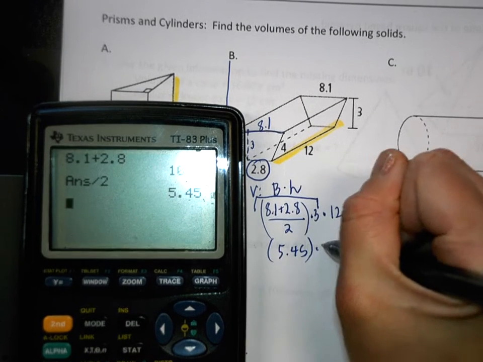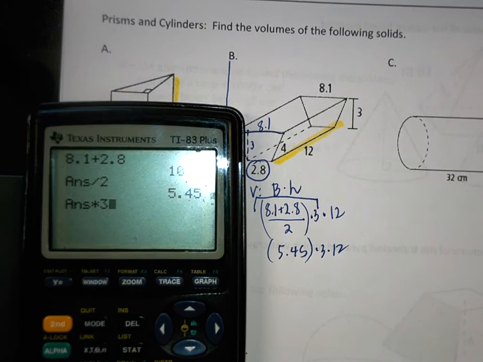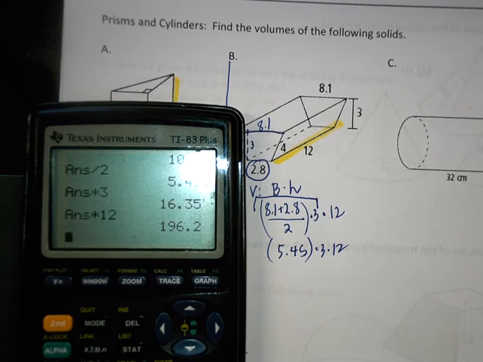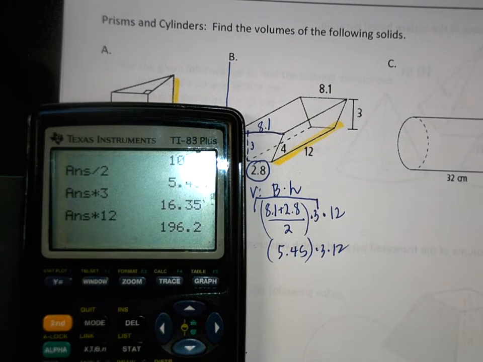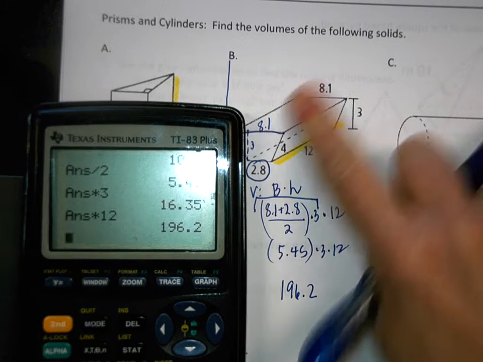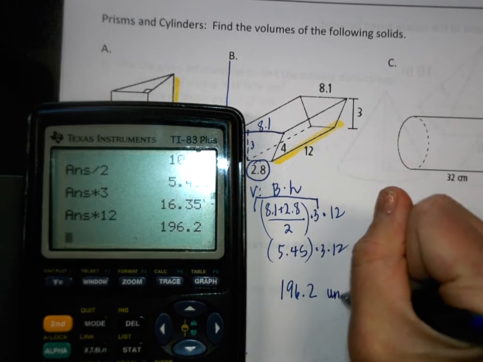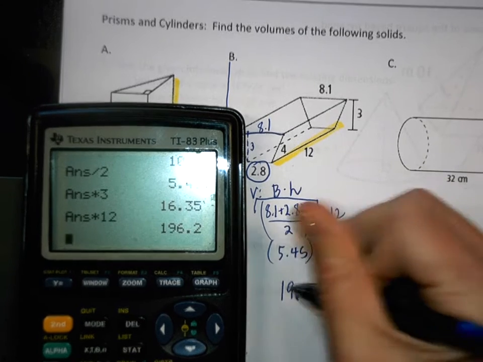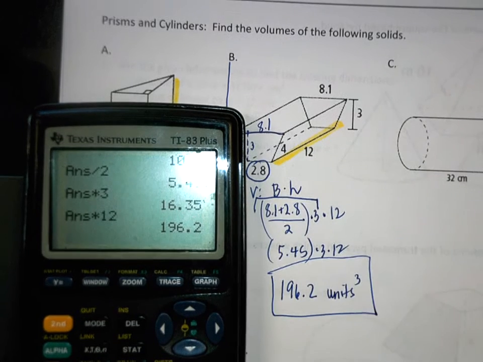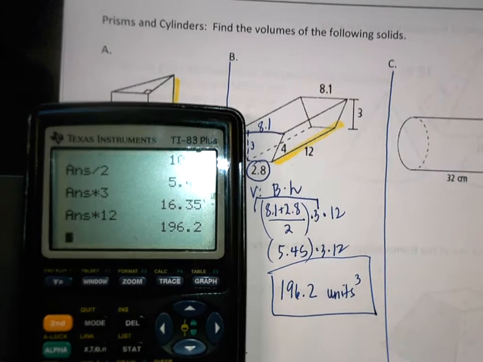So I take that and then multiply by 3, and then times 12. But I end up with 196.2. Now, did you see any units on this figure? No. So then we just say units cubed if we don't know what it is. Are there questions on part B?